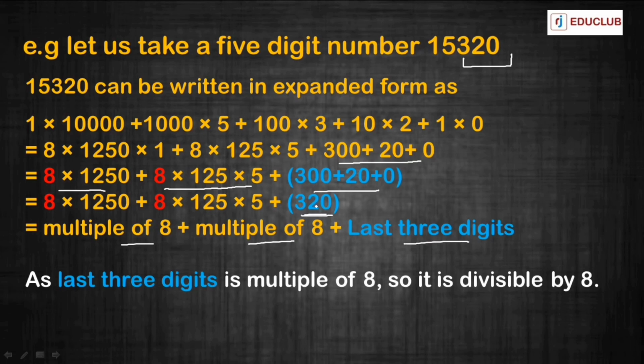So this term is a multiple of it, this term is also a multiple of it, and the last 3 digits, 320, are a multiple of 8, because it can be divided by 8 fully. So this number is divisible by 8 because the last 3 digits are divisible by 8.